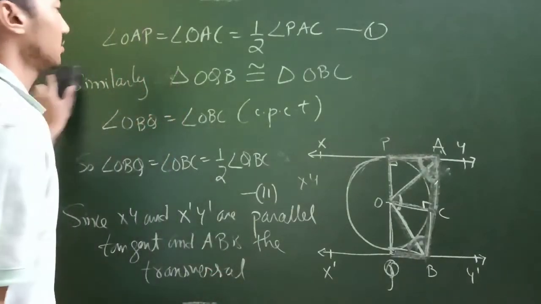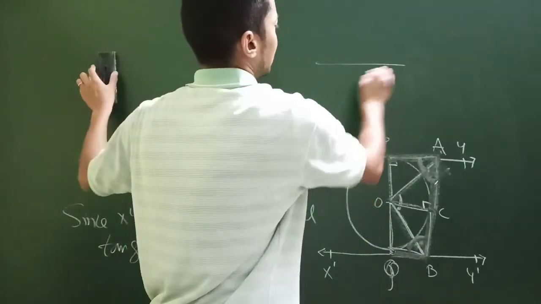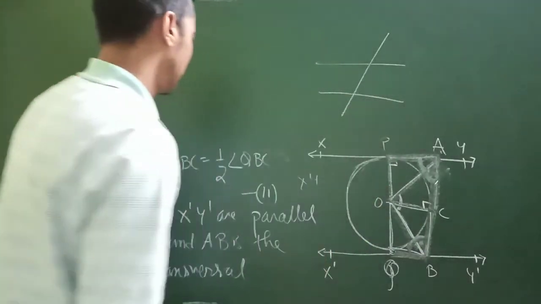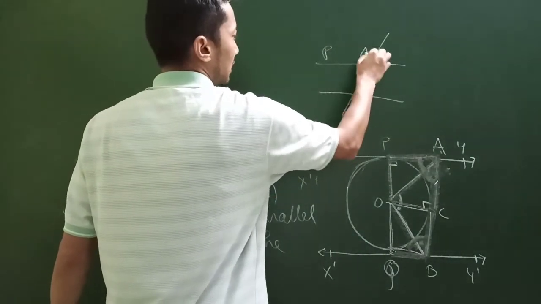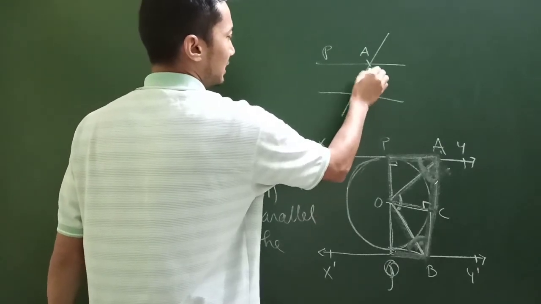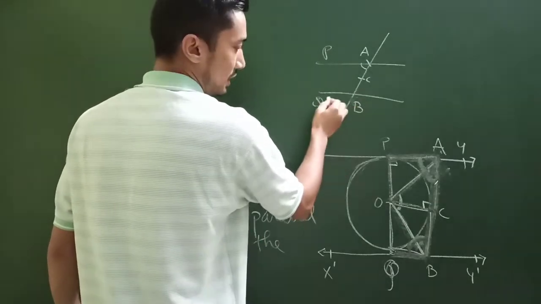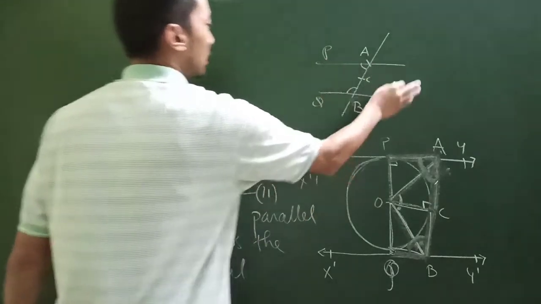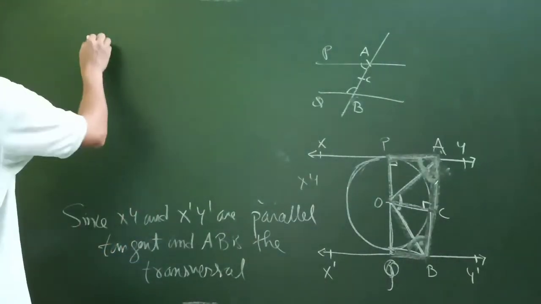A transversal is a straight line that cuts through two parallel lines. So for us, it's like PAC, this angle, and QBC, this angle, with parallel lines. Oh, I rubbed it off anyway.